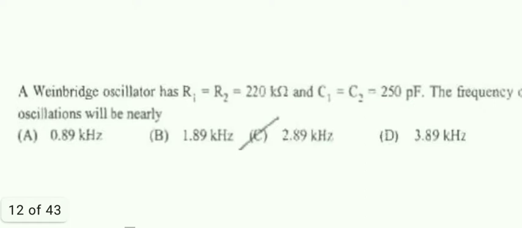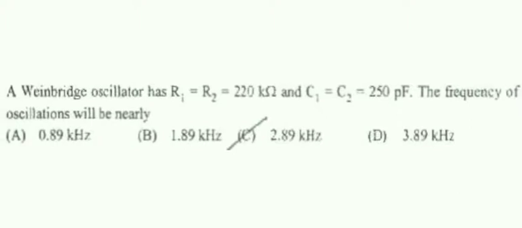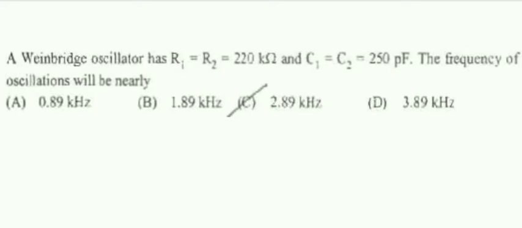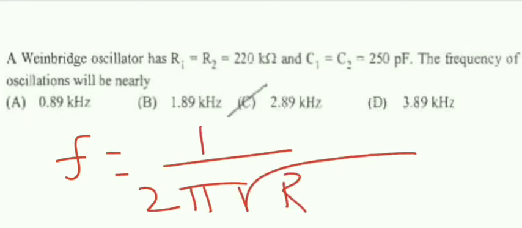First question. A Wien bridge oscillator has R1 equal to R2 equal to 220 kilo ohm and C1 equal to C2 equal to 250 picofarad. What is the frequency of oscillation, nearly? For a Wien bridge oscillator, frequency of oscillation f is equal to 1 by 2 pi root of R1 R2 C1 C2.